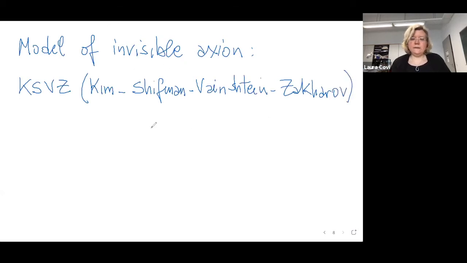And this model is very simple in the sense that you just need to add one heavy quark, and vectorial, in the sense that you add, of course, a Q left and a Q right.